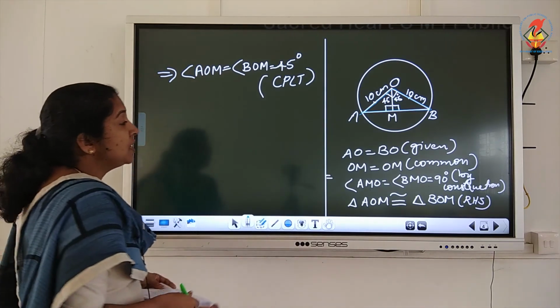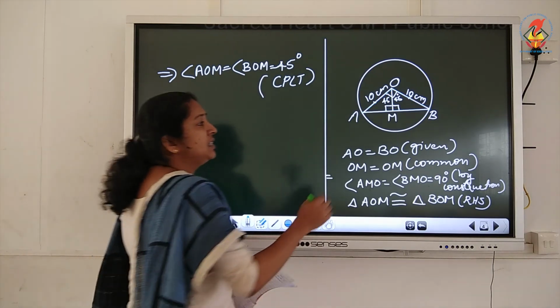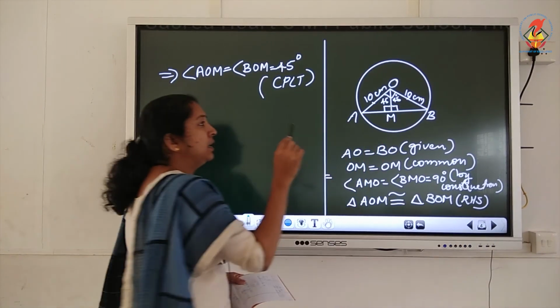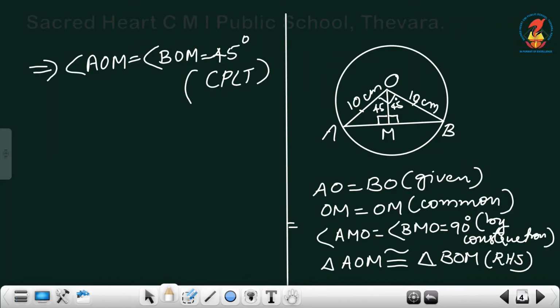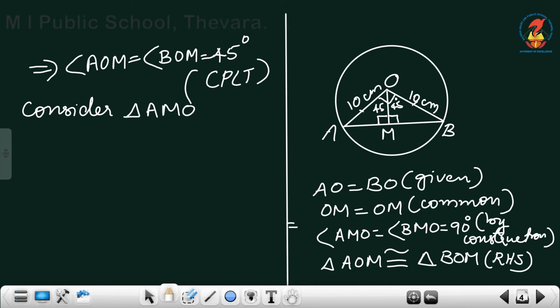We can consider one triangle AMO, in which angle AMO is equal to 90 degree and other two angles are acute.